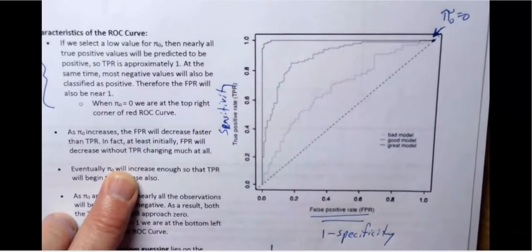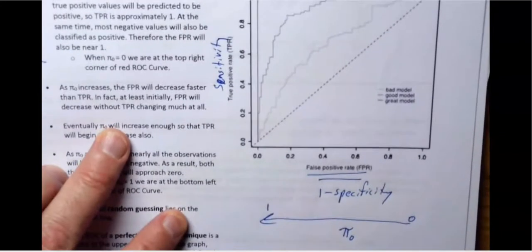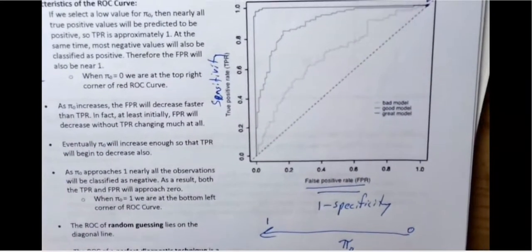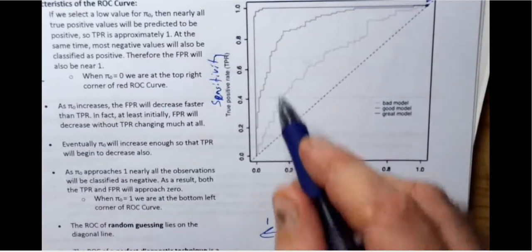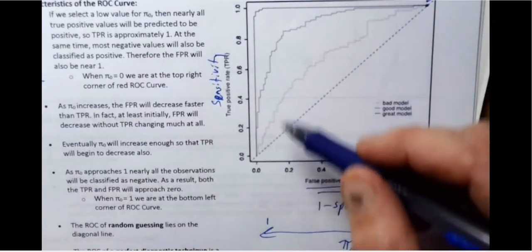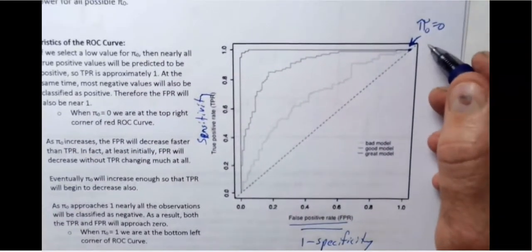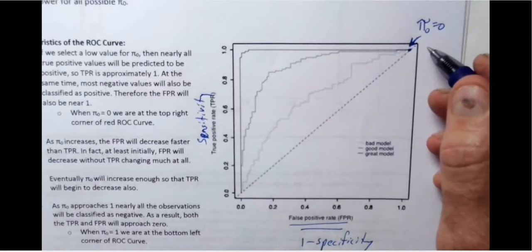0 to 1, this is my pi 0, related to this receiver operating characteristic curve. Pi 0 equals 0 is at the far right of the curve, and pi 0 equals 1 is at the far left of the curve. So it's a little counterintuitive because it's backwards from what our axis says. The value over here is pi 0 equals 0.